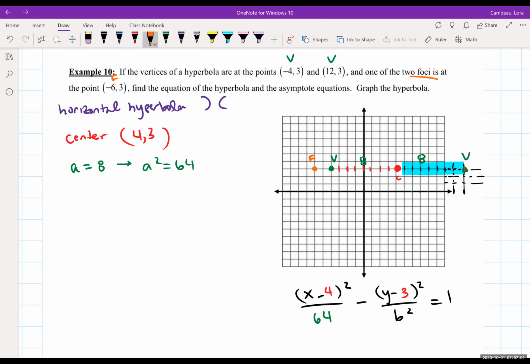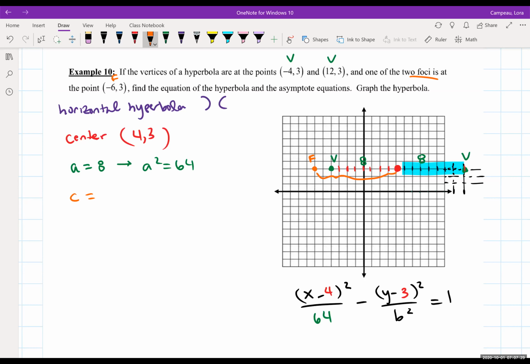That is good news, by the way, because when they give you one of the foci, they're actually referring to the distance from the center to the focus point, and that's going to help us out with c. Now, not to be confused with c for center. I should be careful with that. With the hyperbola, the c is the distance from the center to the focus point.